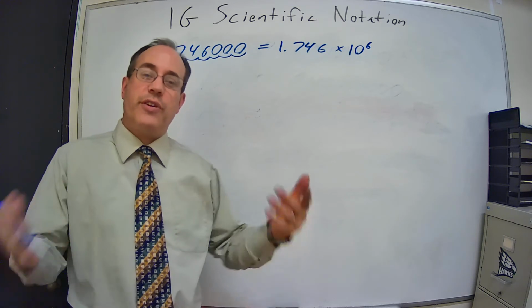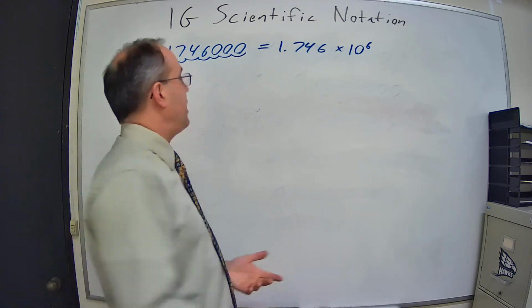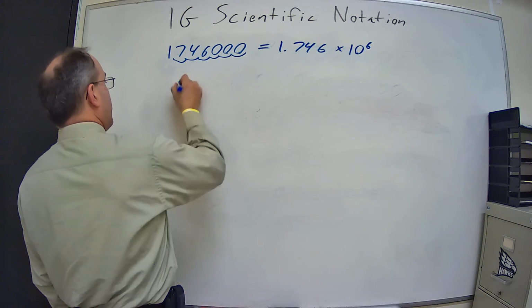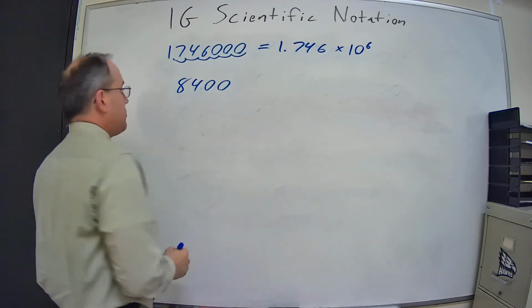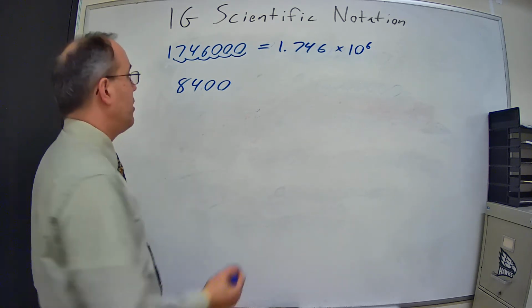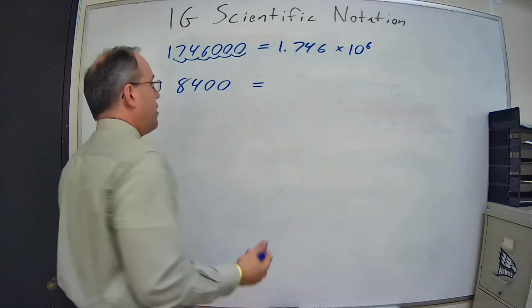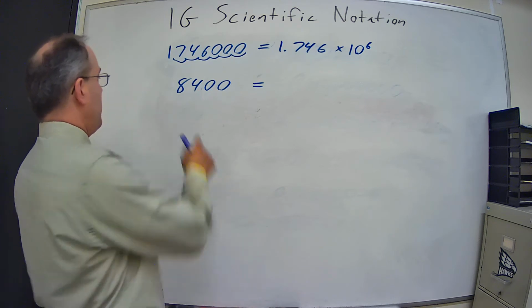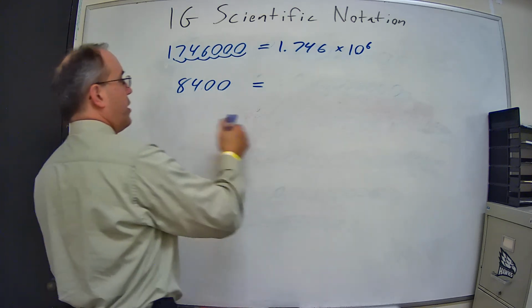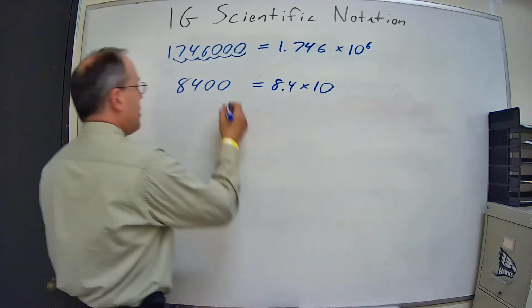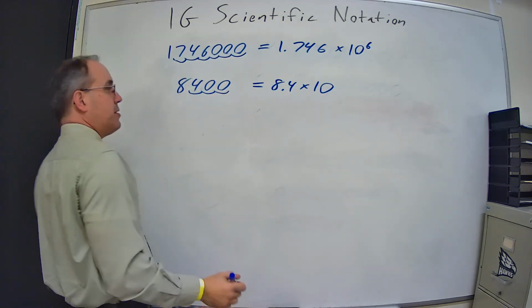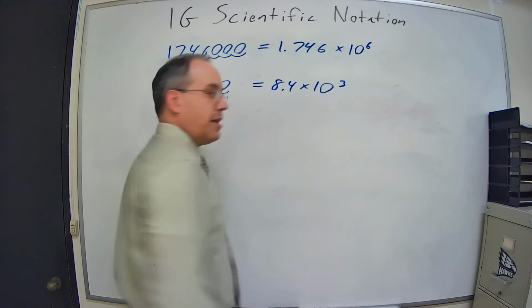If we're dealing with a very small number, the exponent will be negative. 8,400, represented as a number in scientific notation. We want to turn it into a number between 1 and 10, so 8.4 times 10 to the, we move it 1, 2, 3 places, 10 to the 3.